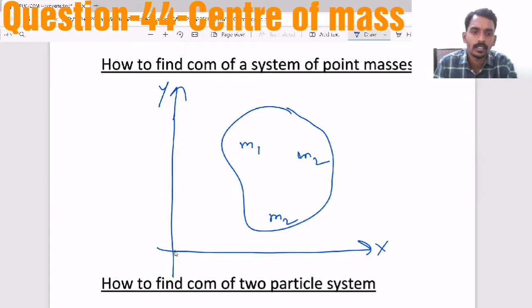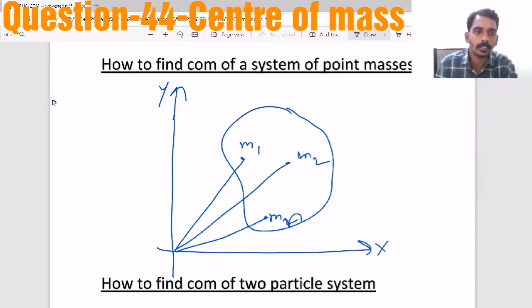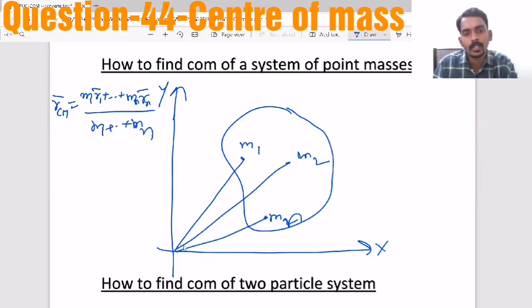Then if you take the positions of each particle, the position of center of mass is given by M1 R1 bar plus M2 R2 bar and so on, Mn Rn bar, divided by M1 plus M2 and so on, Mn. So there must be one position for center of mass also.